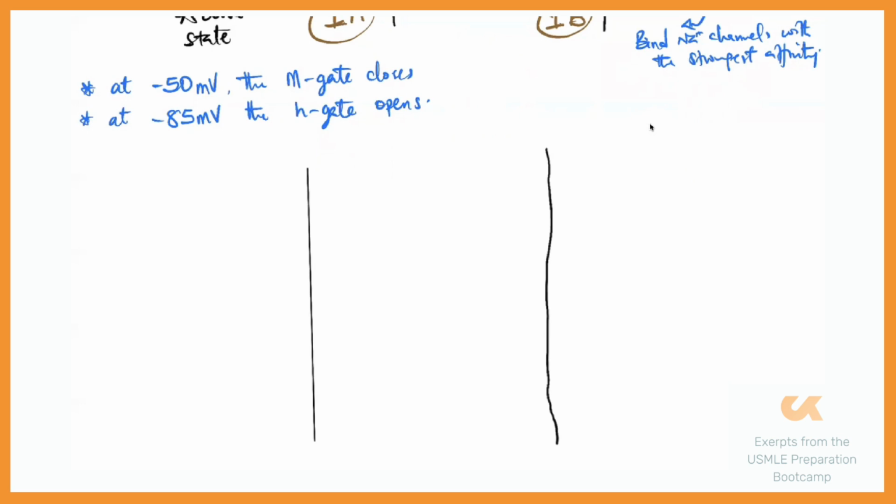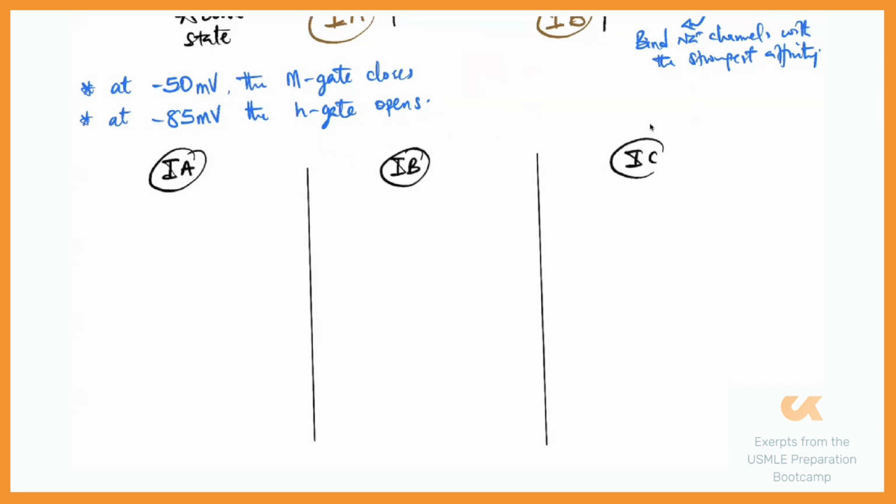I think I'll need a little straighter line here. Great. So here we have class 1A, 1B, and 1C. We'll see how each of them affects different parts of the heart or different types of sodium channels and what their effects are.